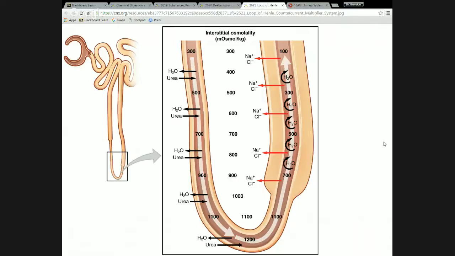It helps to concentrate the wastes in what's going to be the urine, and we can retain things that we might need in our body, like sodium chloride and water. And actually, it'll be very dilute at the point we get up here. As we go into the distal convoluted tubule, there are mechanisms that are going to further control things, regulating specific electrolytes that need to be retained or excreted, which is happening up here in the distal convoluted tubule.